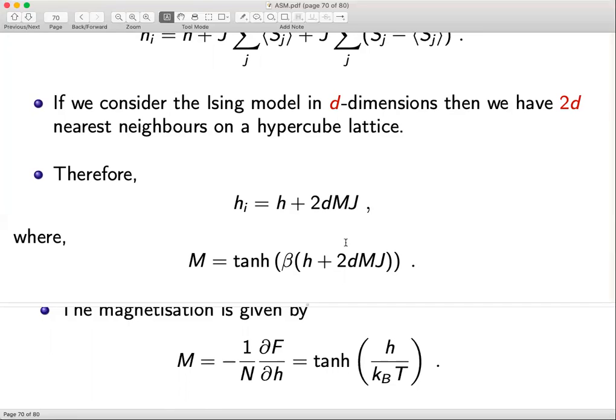So we take that and plug it into this formula and replace the tanh argument by kBT. Sometimes I have just called it beta, but it's the same thing. It is tanh of beta times (h plus 2d mj).